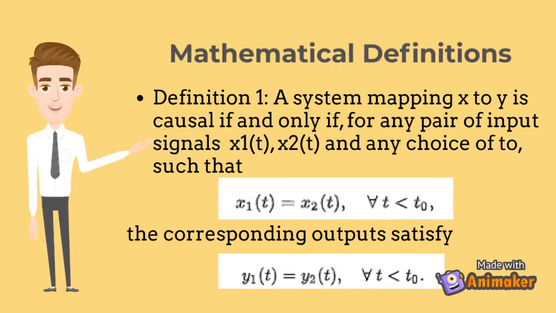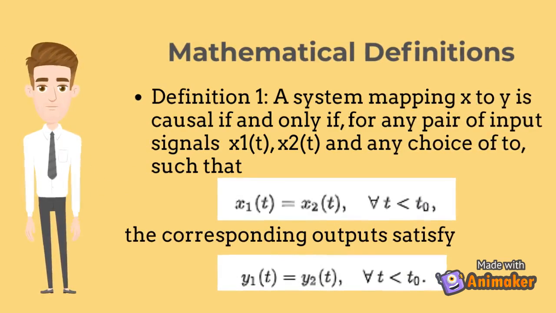Here we can see the mathematical definition for a causal system. Definition 1. A system mapping x to y is said to be causal if and only if for any pair of input signals x1 of t, x2 of t and any choice of t0 such that x1 of t equals x2 of t for all t less than t0, the corresponding outputs satisfy y1 of t equals y2 of t for all t less than t0.